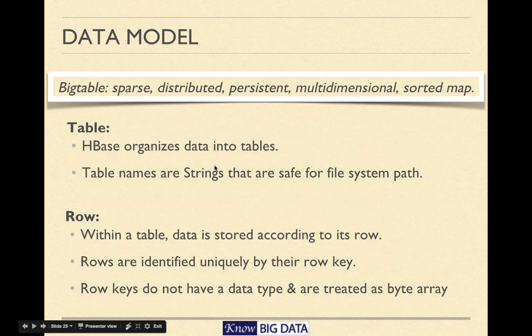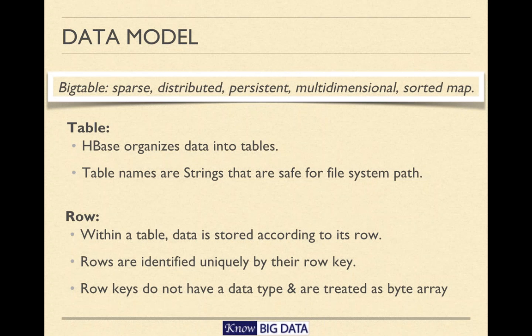Now, the kind of data model HBase has is a Bigtable kind of data model, a sparse, distributed, persistent, multidimensional sorted map. Each word means a lot. It's a map, as in it has keys and values.